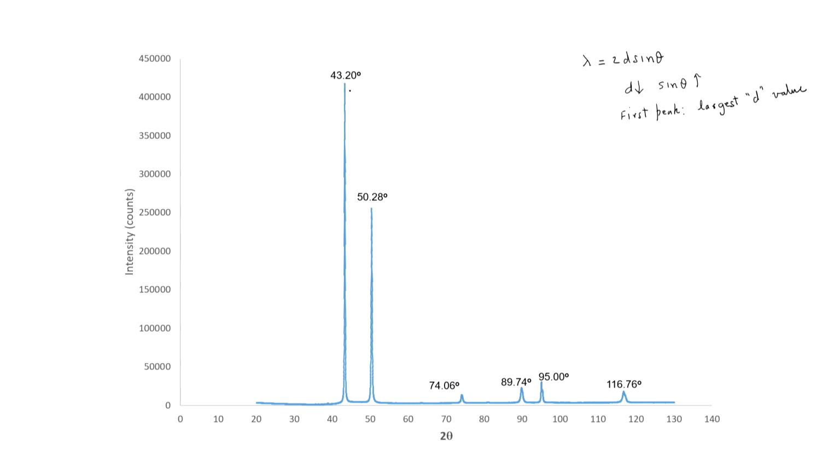The index for the first peak would be 111, second peak would be 200, third peak would be 220, fourth one 311, fifth one would be 222, and the last one is 400. So, the indexing of the peaks is complete, the structure has been analyzed, and we have found that this is a face centered cubic structure.